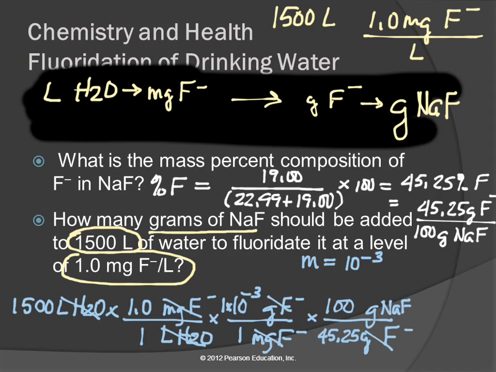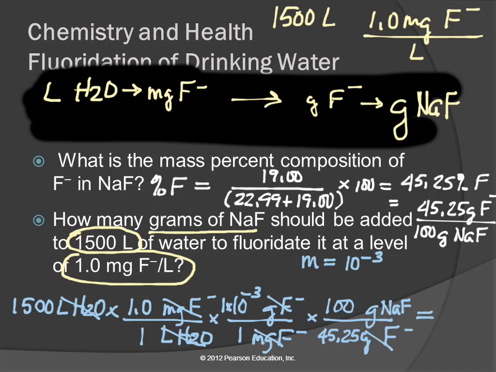So then on your calculator, you've got 1,500 times 1 divided by 1 times 1 EE minus 3 divided by 1 times 100 divided by 45.25 equals, and how many significant figures should my answer have? 2.